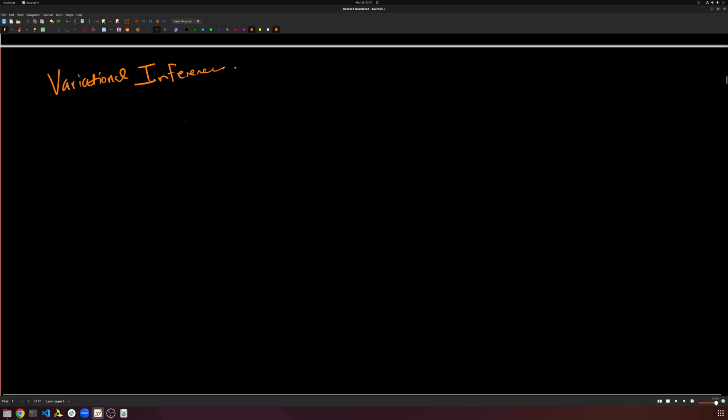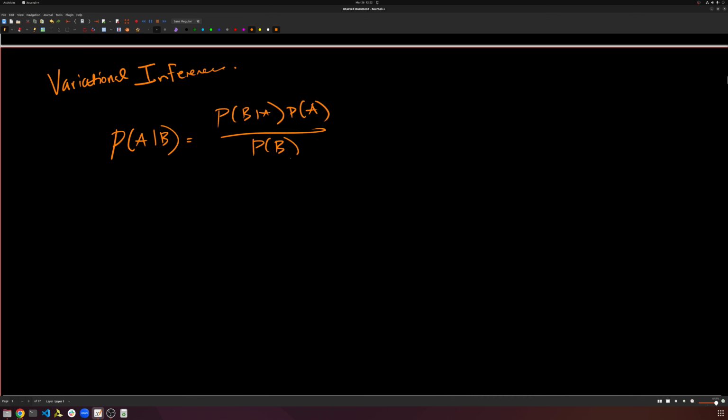I hope you've seen Bayes rule before, but we're going to do a super quick recap on it. If you want the probability of A given B, we can rewrite this as the probability of B given A times the probability of A divided by the probability of B. So this is very simply Bayes rule.